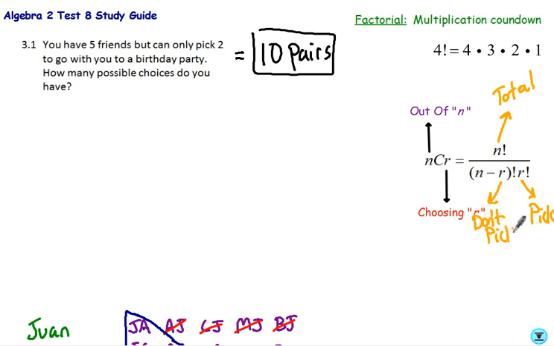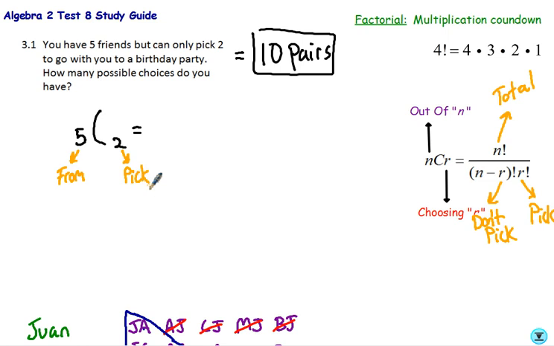So what I mean by this is that, for instance, in our situation here, we have 5 friends, but we can only choose 2 of those friends. So the way that you would interpret this is that from 5, we're going to choose 2. Right? That's how many we're picking. From 5, we're going to pick 2.